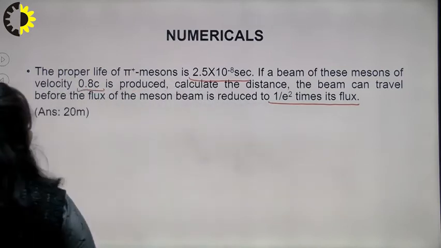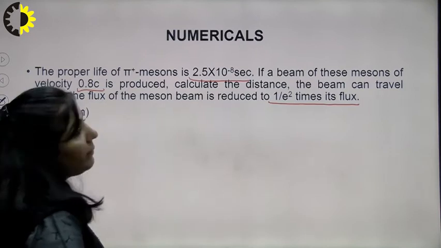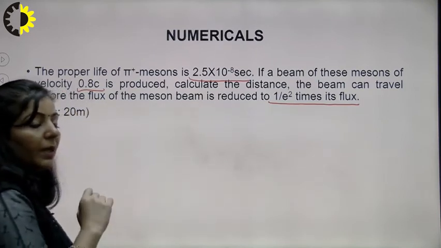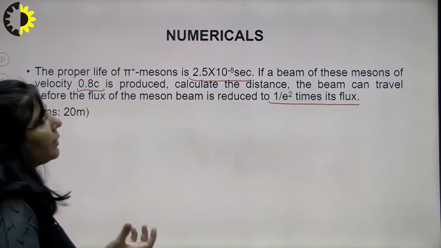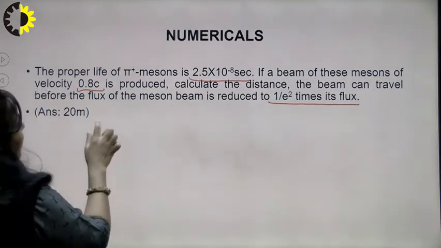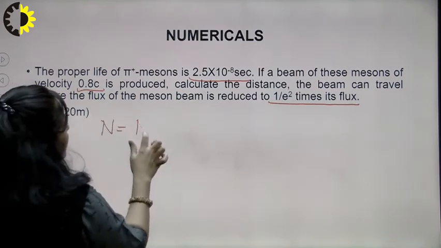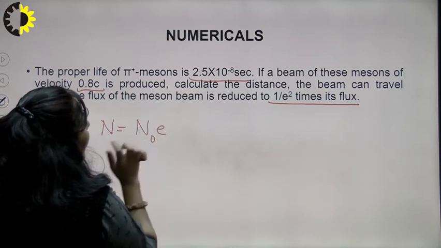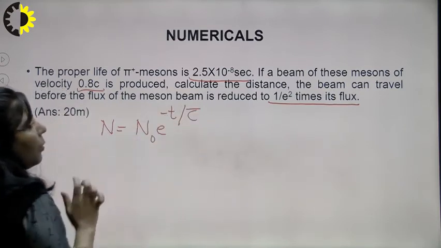So how are you going to solve it? You know that when these mesons, that is pi mesons, are traveling, there will be disintegration or decay of that particular beam of mesons, and that will take place according to this formula. There will be exponential decay of these pi mesons according to N equal to N naught e raised to power minus t by tau, right?